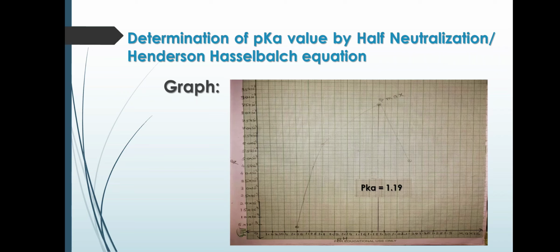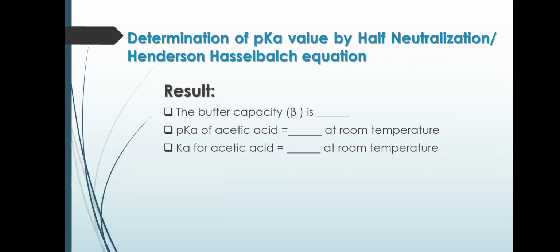So the pH reading at beta max is 1.19, so the pK value is 1.19.